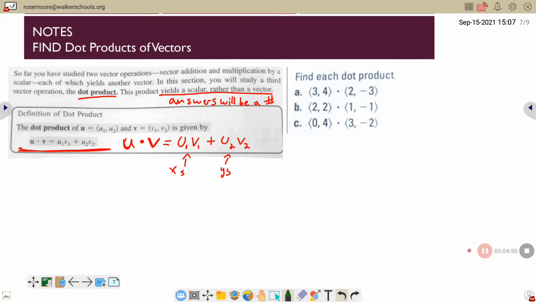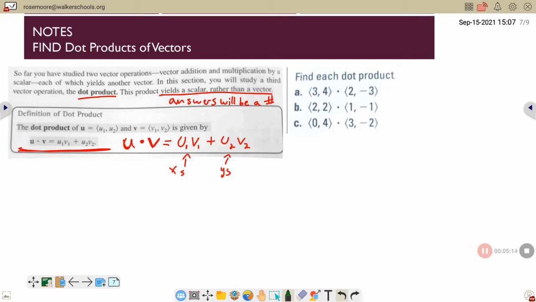So when we have dot products, we're going to have x's times x's, y's times y's, and we'll add them together. It is very different from everything else we've done, so it's very important to pay attention to what each problem asks you. So we have 3 examples over here.